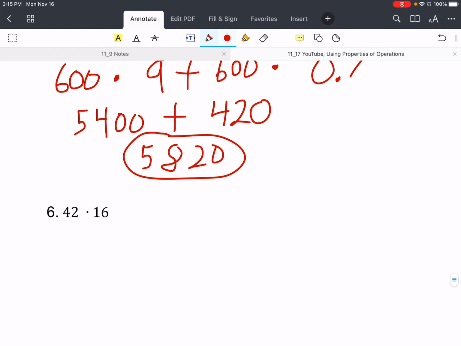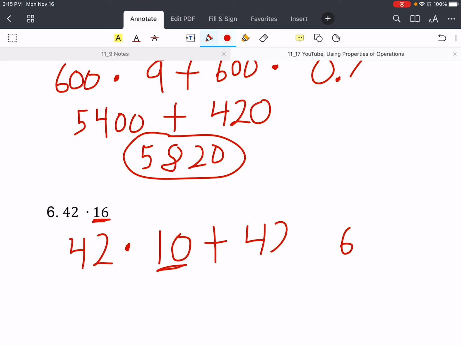This problem, we're going to be doing the same thing, except I'm trying to prove that it doesn't have to be a decimal. So I'm going to break apart this 16, and I'm going to break it apart into 10 and 6, because I know that this 10 is going to be easy to multiply by. So I have 42 times 10 plus 42 times 6.